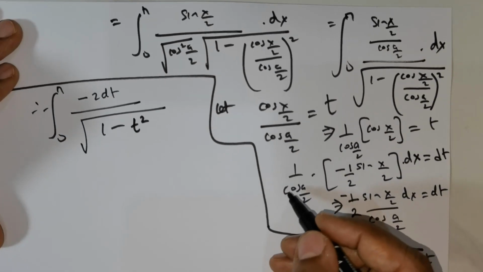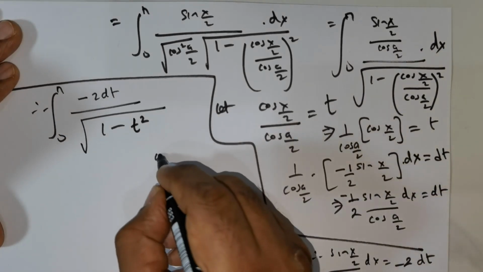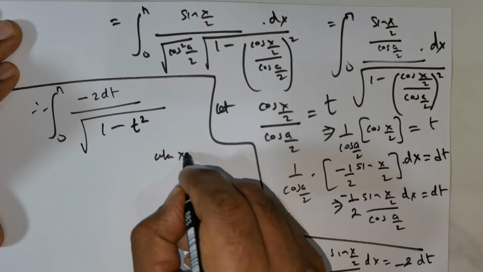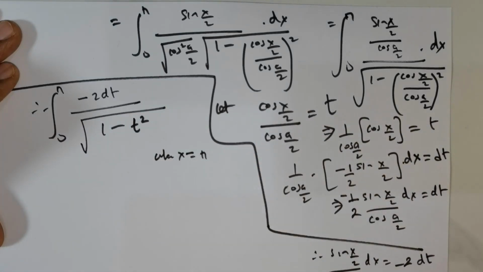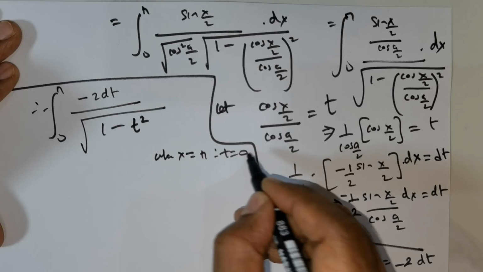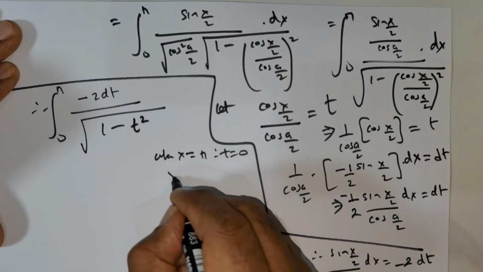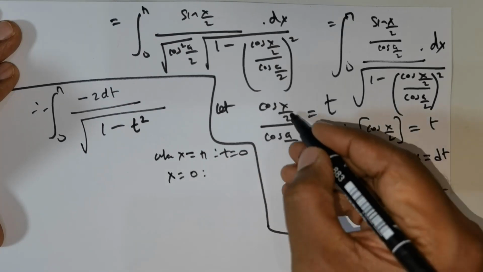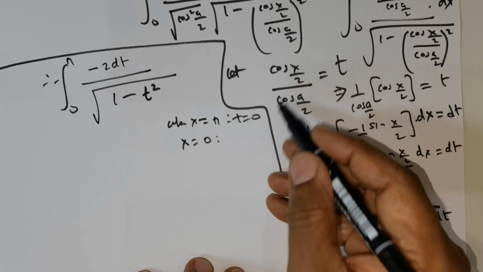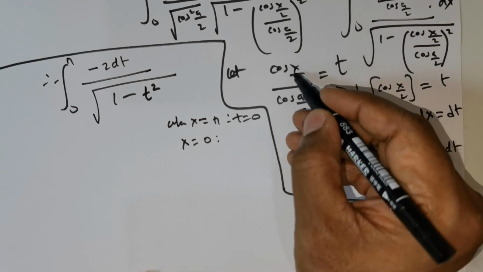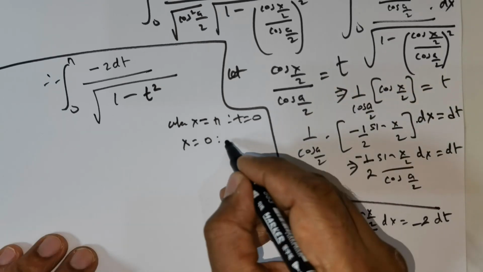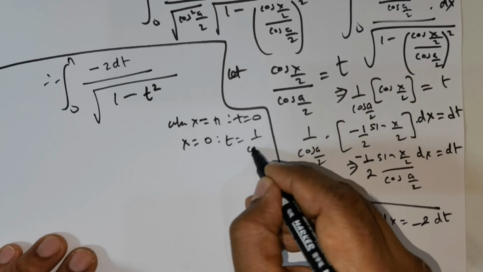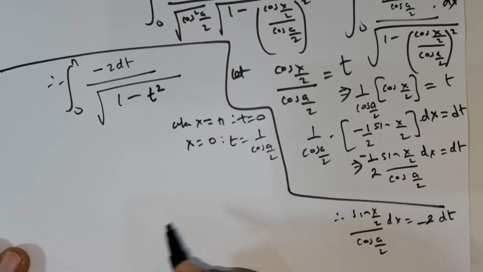Now let me go to the limits. When x is equal to pi, cos pi over 2 is 0. So t is equal to 0, right? And when x is equal to 0, substituting x equal to 0 here, this is going to be cos of 0 divided by 2, which is cos 0. Cos 0 is 1. So therefore the value of t is going to be 1 over cos a over 2.